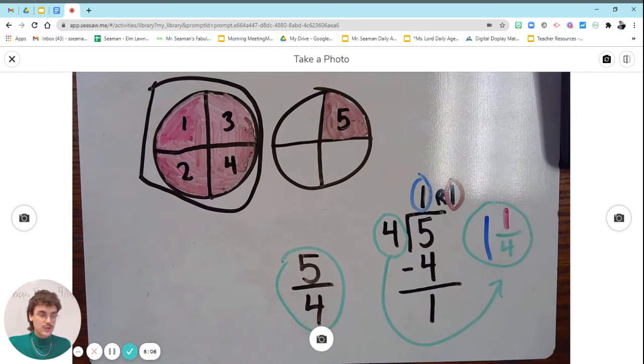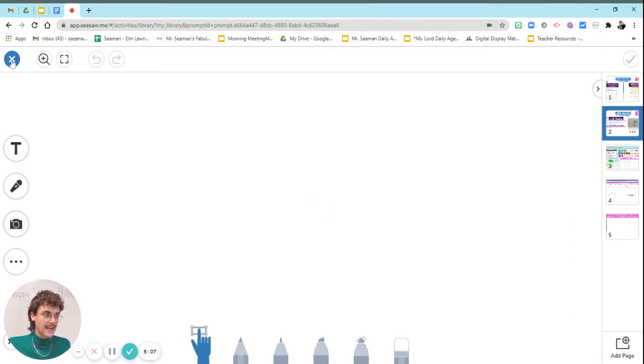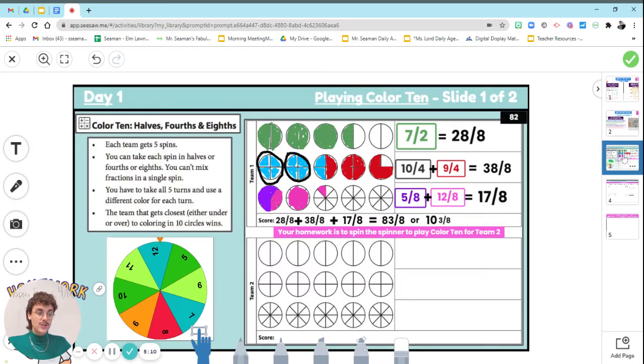So now here's what you're going to do for the rest of your assignment today. You're going to go ahead and play another game of Color 10. Again, how to play this game is that there are halves, fourths, and eighths. You are going to spin this spinner.